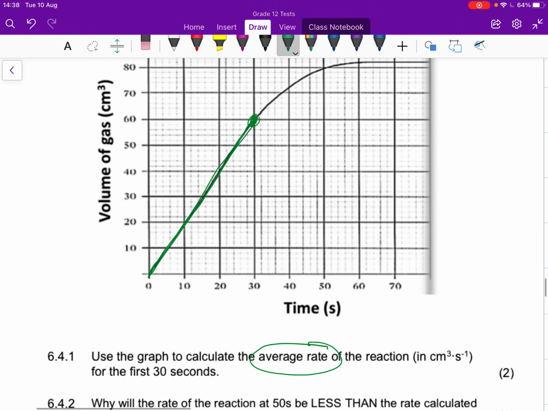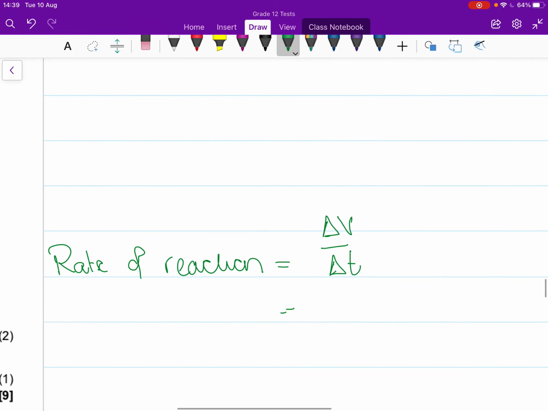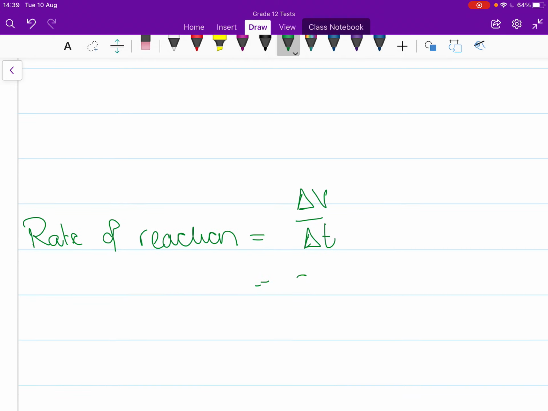So I'm going to take this point and 0. Take the 0, but you have to put the 0 in. If you don't, you're not showing me a change in. You're showing me a point. That doesn't help me. Rate of reaction means it's got to be a change in time. Time has to change. It can't be a specific point because we're not looking at an instantaneous rate. Okay, so 60 minus 0 over 30 minus 0, which gives me 2.